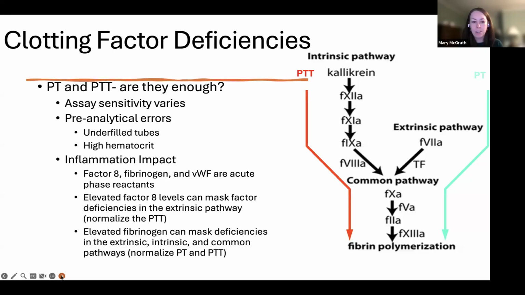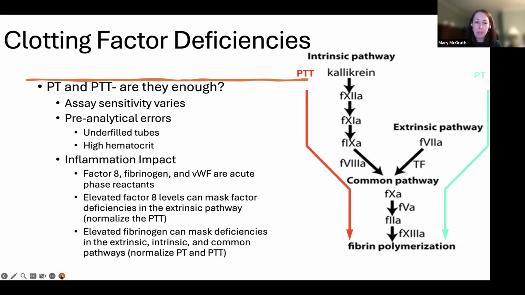So thinking back once again to our patient who clearly had a lupus anticoagulant with the prolonged DRVVT and elevated hexagonal phospholipid neutralization, but had that normal PTT, I think that's likely what was going on.